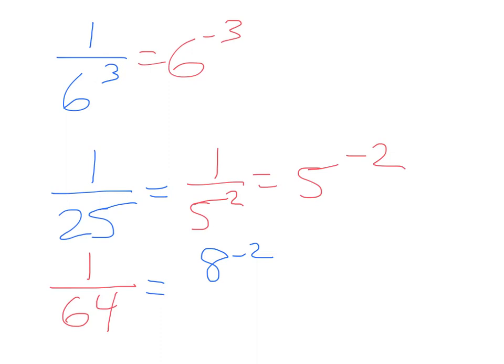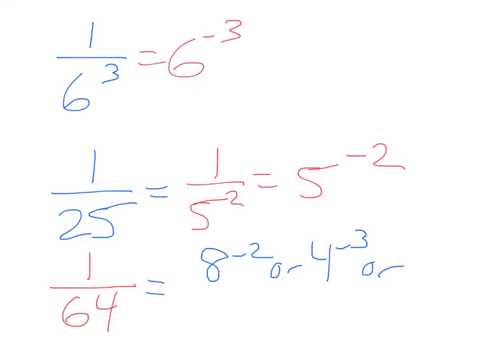What's another possible answer I could do for this one? 4 to the negative fourth power. Is it 4 to the negative fourth? It's 4 to the negative third power.